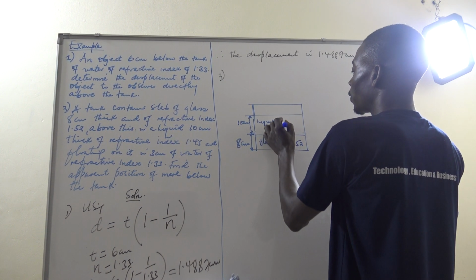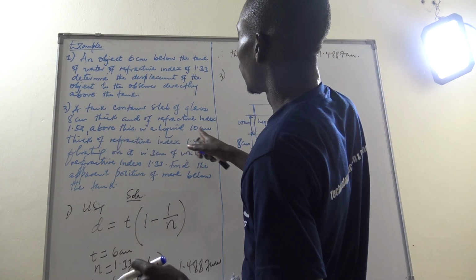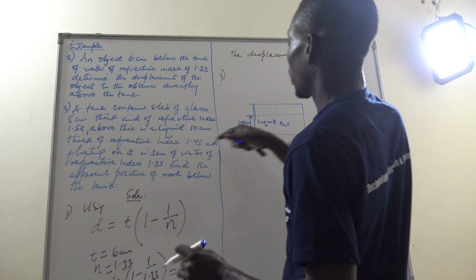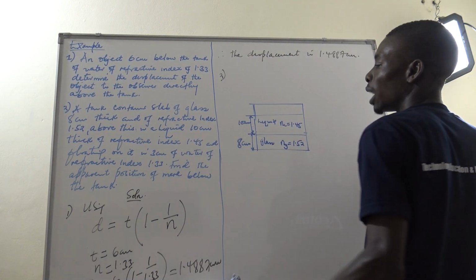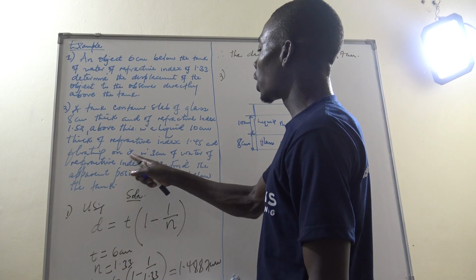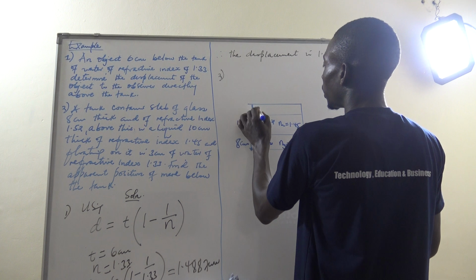And then the refractive index of the liquid above this, the liquid of 10 centimeter thick, is 1.45. And then they're saying that floating on it is 3 centimeters of water. There is water here.